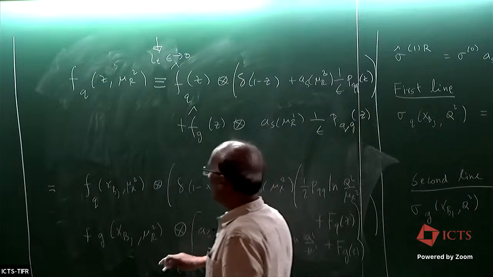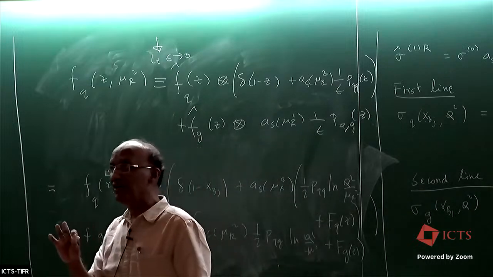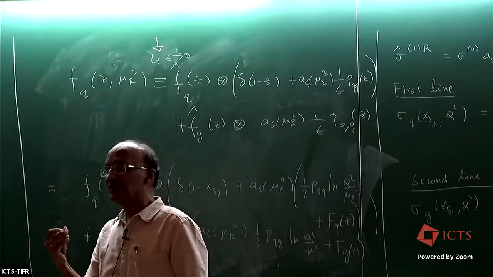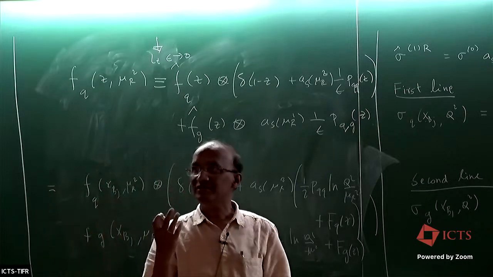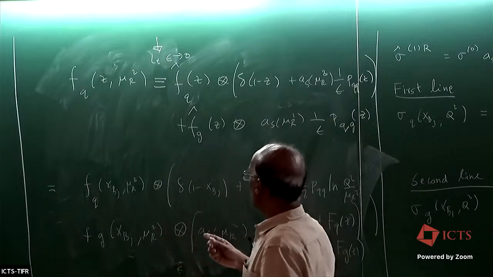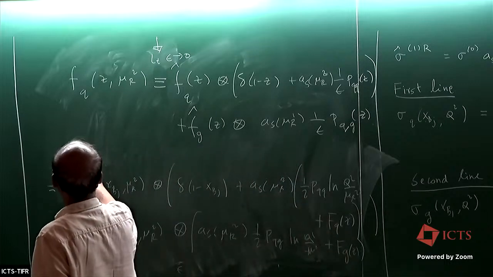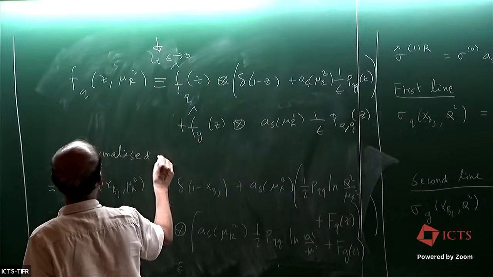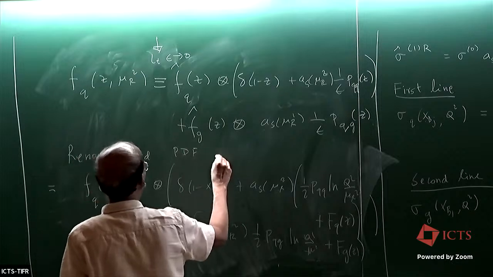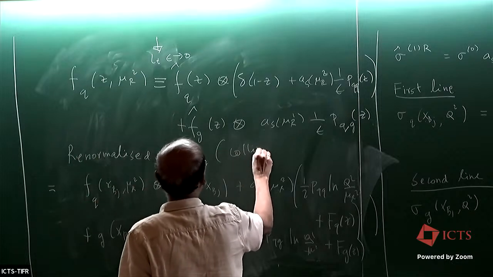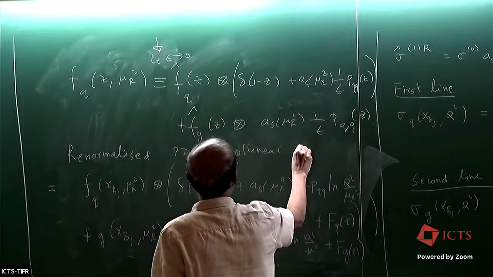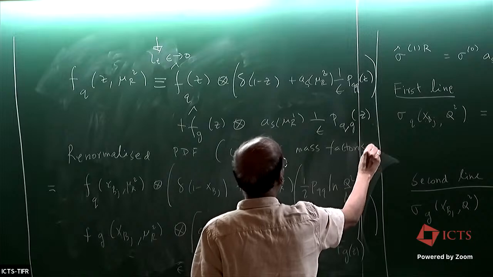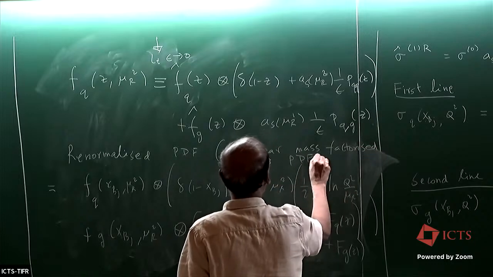So these are called renormalized PDFs. Okay, not in the UV sense. It is in the collinear sense. Infrared renormalization, if you want to call it. So these are called renormalized PDFs or collinear mass factorized PDFs.